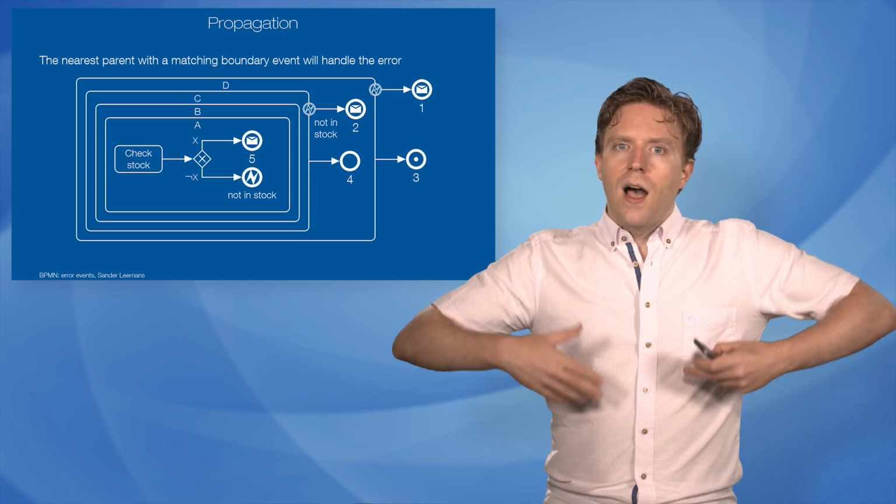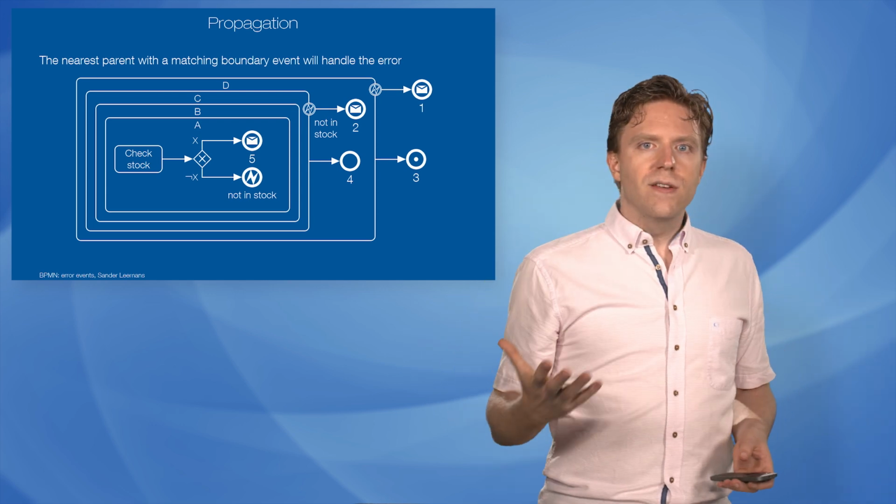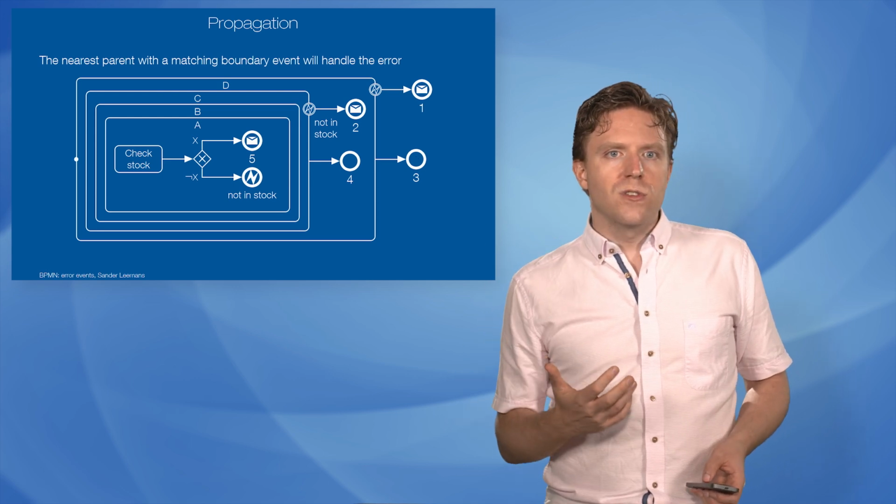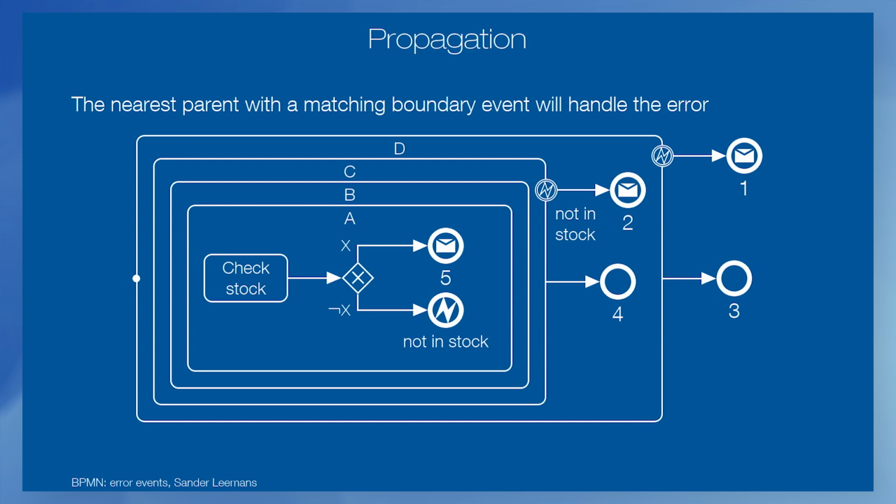But let's see how the error events play a role in this. And for that we're going to start over, and I'm going to fast forward through the hierarchy up until we are back at, again, executing check stock. Let's do that and move on. But now condition X does not hold, so we go down in the XOR split gateway.